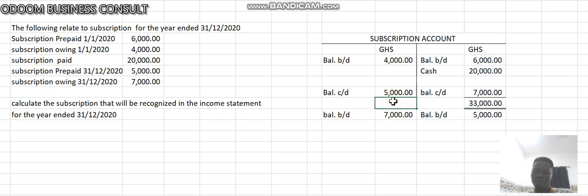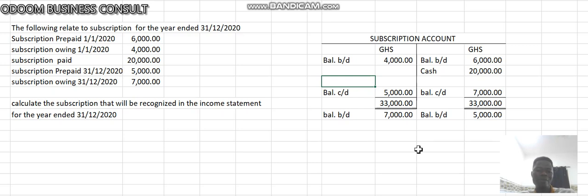And you know that in accounting, all your balancing boxes must have the same figure. So here too will be 33,000. But now we have only 9,000 here. But the balancing boxes are supposed to be 33,000. So what is causing the imbalance is the amount that will be taken to the P&L account, the amount that will be taken to the income statement.